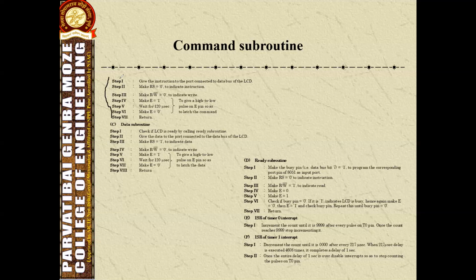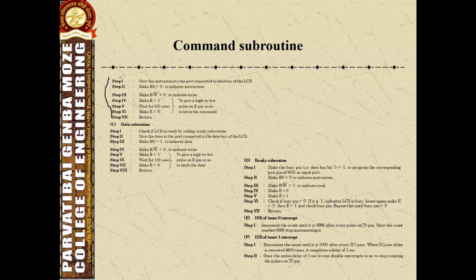Then the same operation which we did with the enable pin in the command subroutine, we perform here: provide a high signal for enable, wait for 120 microseconds, and then reset it, which means it provides a high to low pulse on the enable pin. So what will happen there? In the command subroutine it latches the commands, and here in the data subroutine, it latches the data.